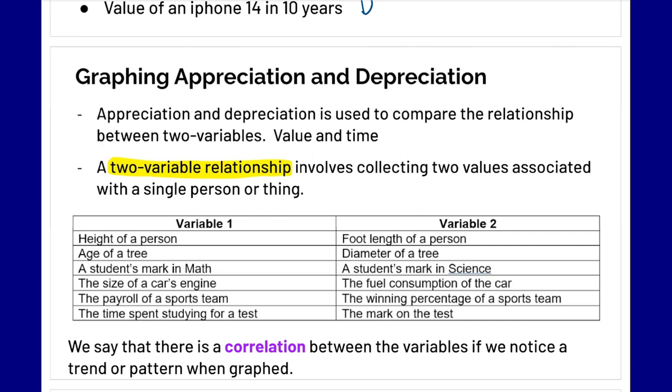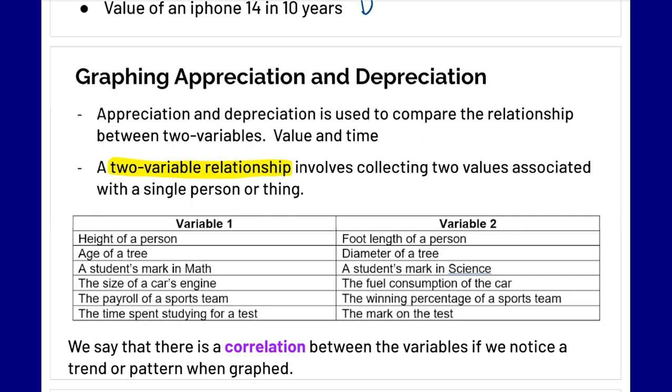And when we look at two variable relationships, it could be something like value and time, but it could be other things, right? We could be looking at the height of a person versus their foot length. Does one affect the other? The age of a tree and the diameter. As the tree grows older, does the diameter increase or decrease? A student's mark in math and a student's mark in science.